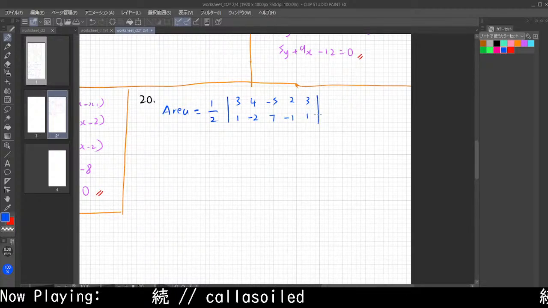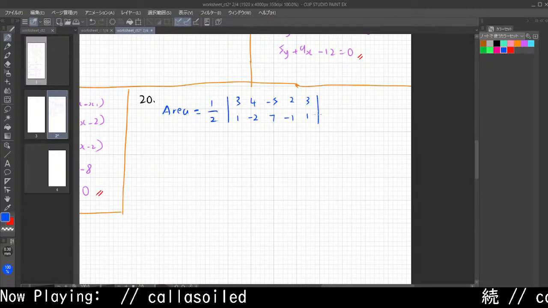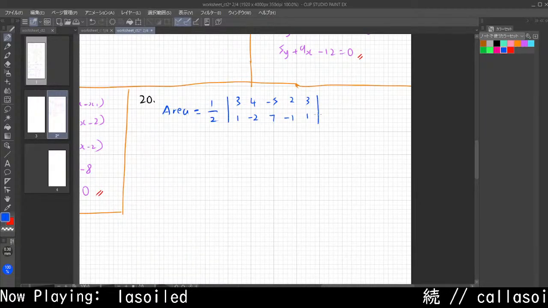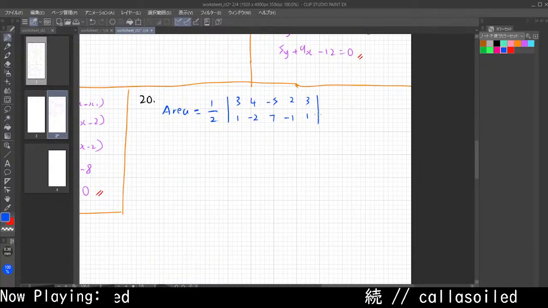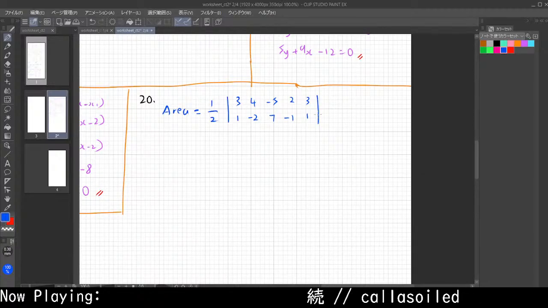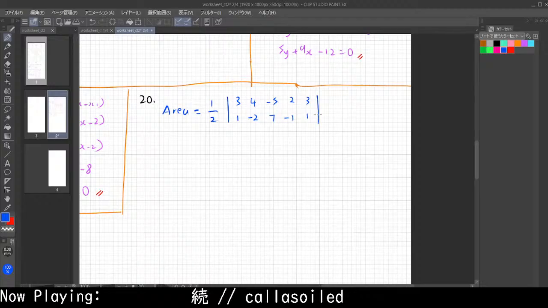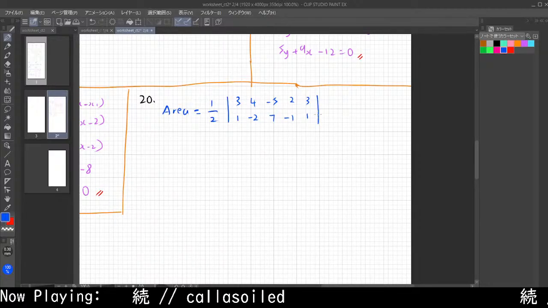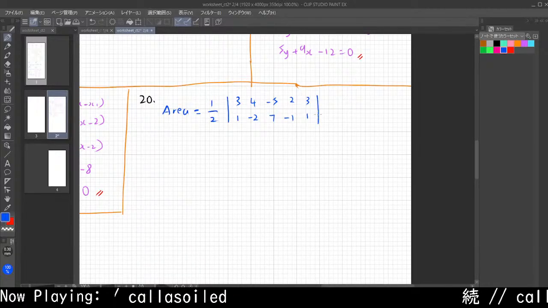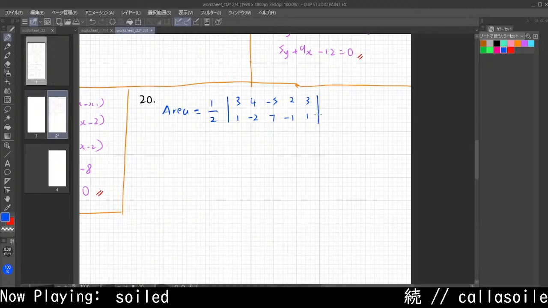This is simplest to show. If you start from any other point, as long as you follow the correct order, the correct sequence, you should be able to get the same answer as me.